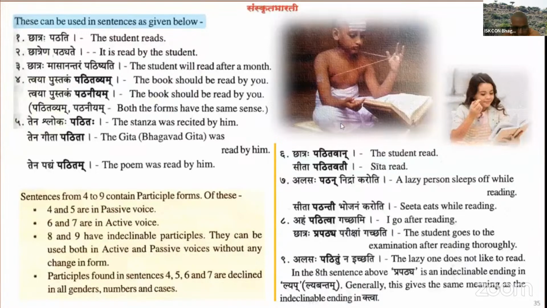Aham patitva gacchami. If I have to make it in passive voice, then maya patitva gamyate. And chhatrena prapatya pariksham gamyate. You can make them like this. Then comes the ninth, which you can also make in both active and passive voice.